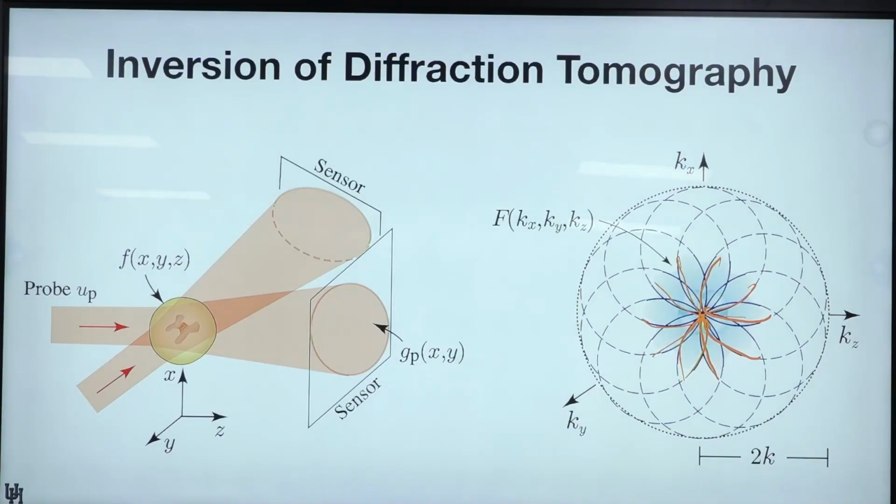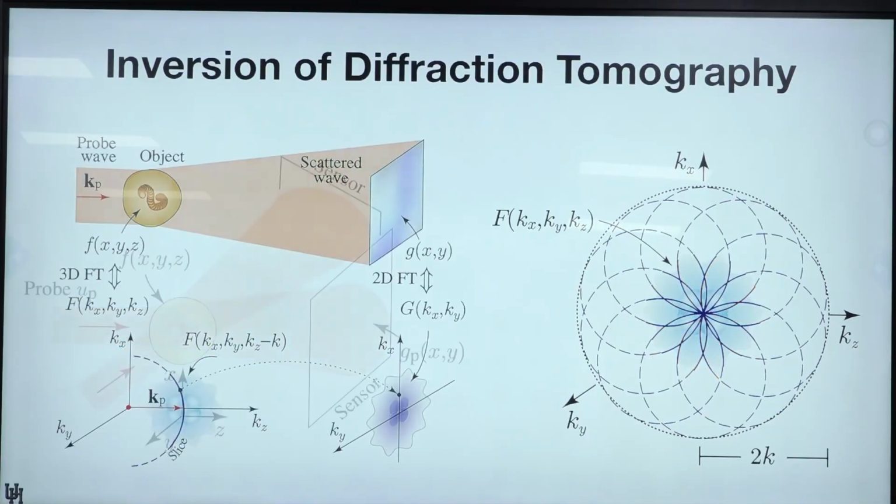Once you do that, the size of the overall volume will be 2k: k from the input, and k from the direction in which it is going. So it's a combination of the two.